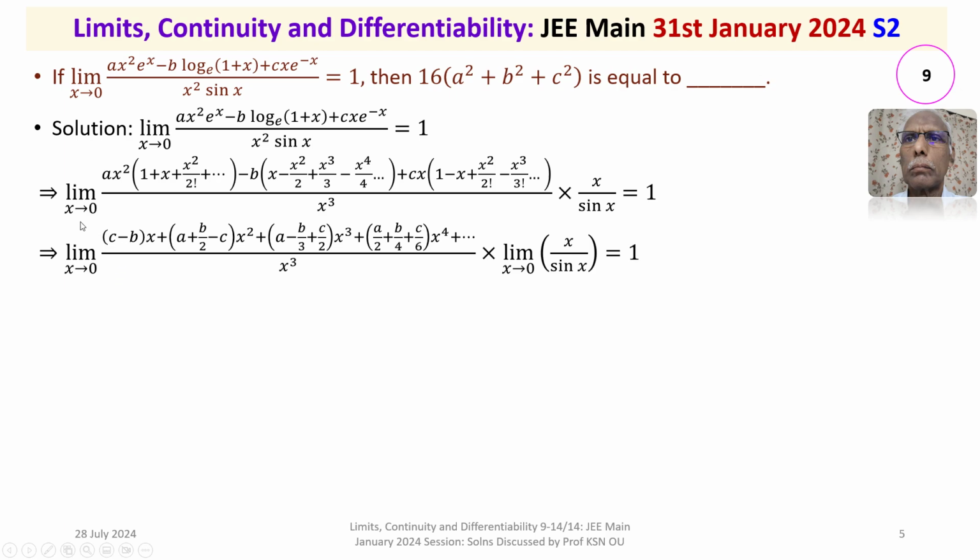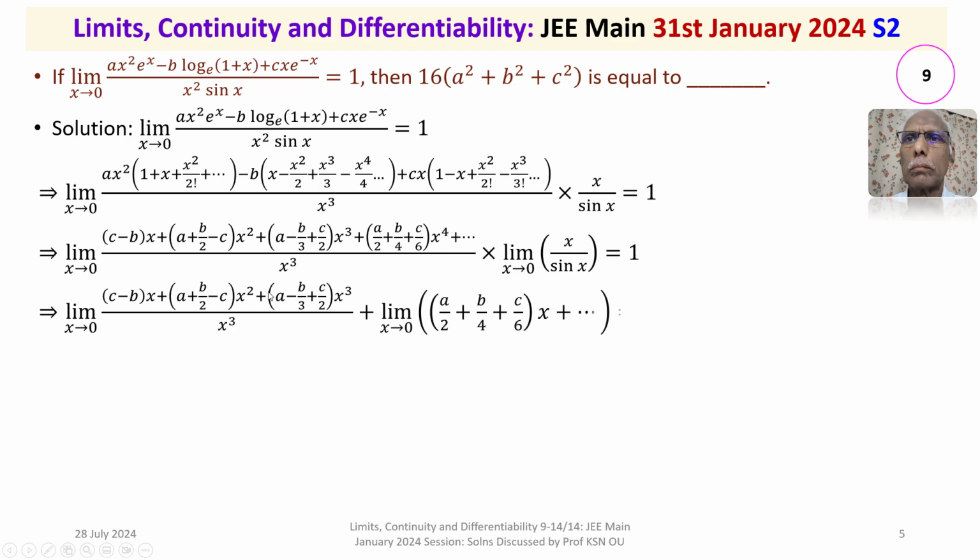We have used the formula limit of the product is equal to product of their limits. And we know limit x tends to 0 of x by sin x is 1. And we write down this as limit x tends to 0, the coefficient of x plus the coefficient of x square plus the coefficient of x cube by x cube plus, in all the remaining terms you will have x power 4, x power 5, x power 6, divided by x cube.